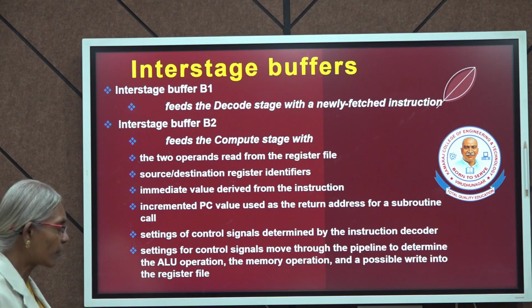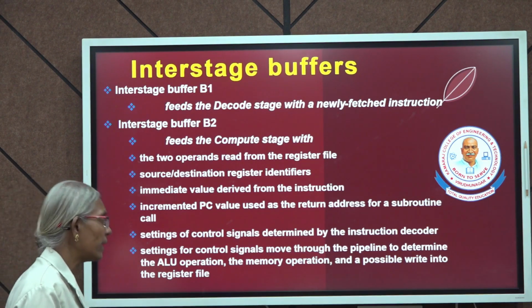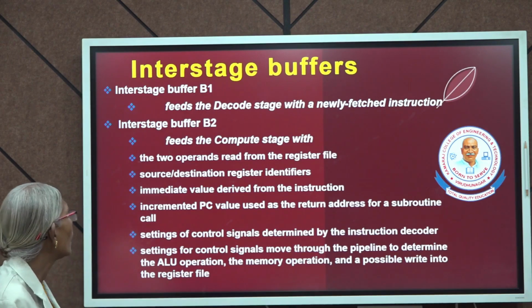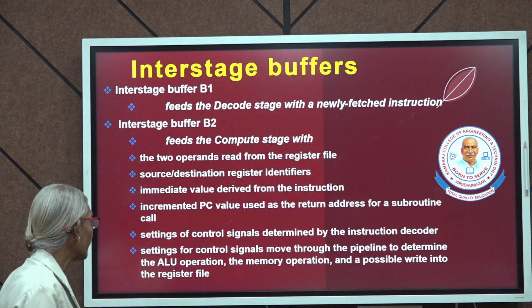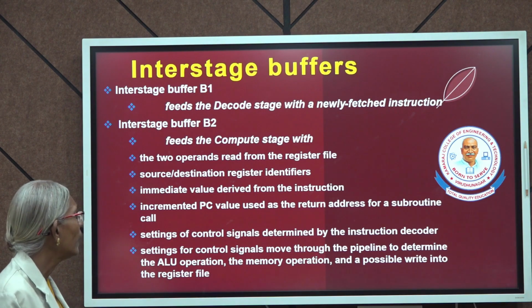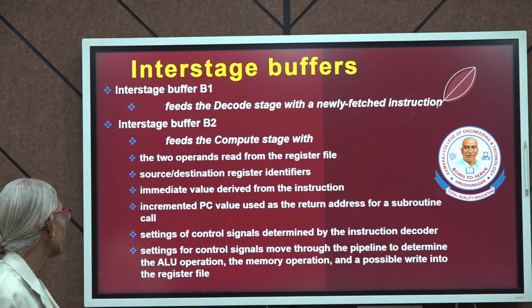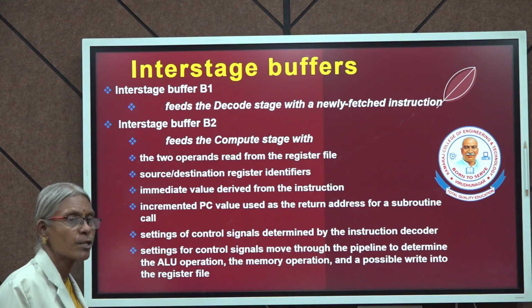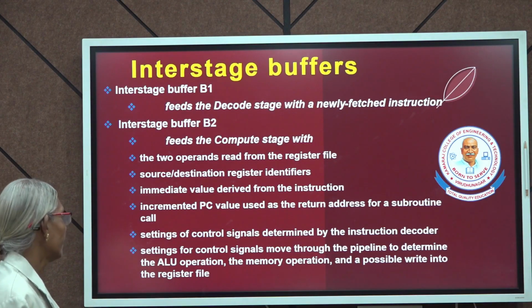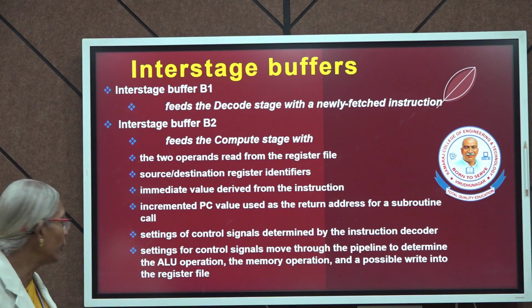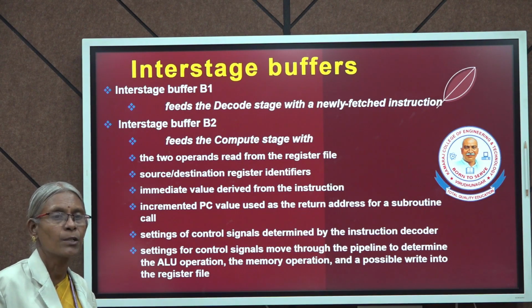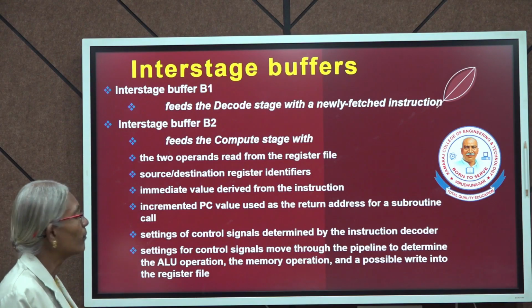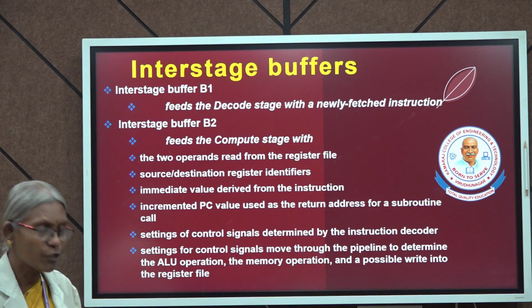The settings of control signals determined by the instruction decoder are also available here, and the control signals which move through the pipeline determine the ALU operation, the memory operation, and whether to write into the register file.